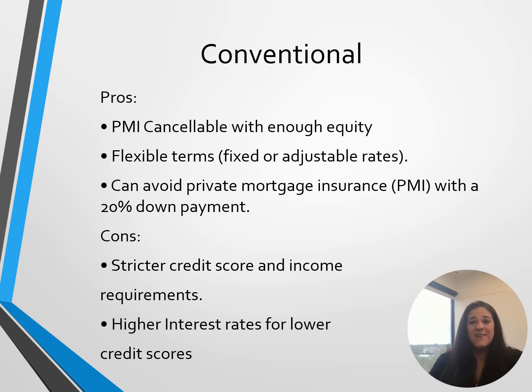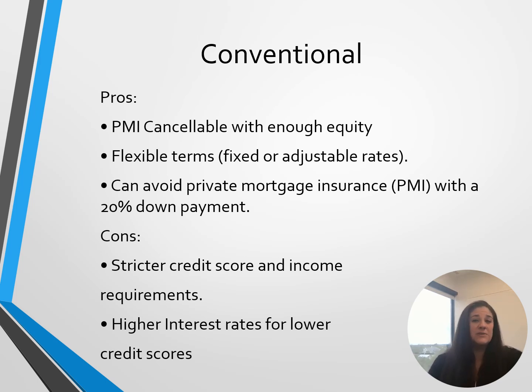So some pros and cons to the conventional loan. The private mortgage insurance on this loan product is cancelable as long as you get enough equity in your property, usually about 22%, and if you have lived in the property or you've had the loan for at least 2 years. And there are flexible terms. You can do a fixed rate interest or you can do an adjustable rate mortgage.